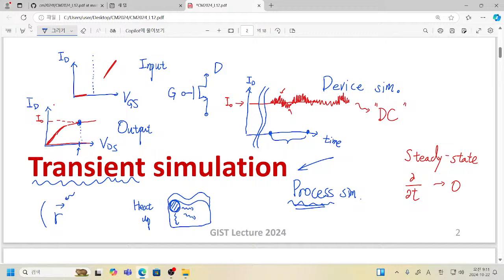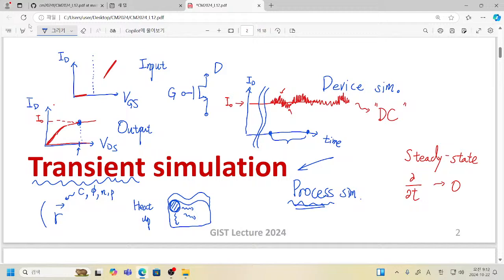For example, dopant density can be a physical quantity of our interest, and electrostatic potential can also be a position dependent quantity, and another one, electron density or hole density.